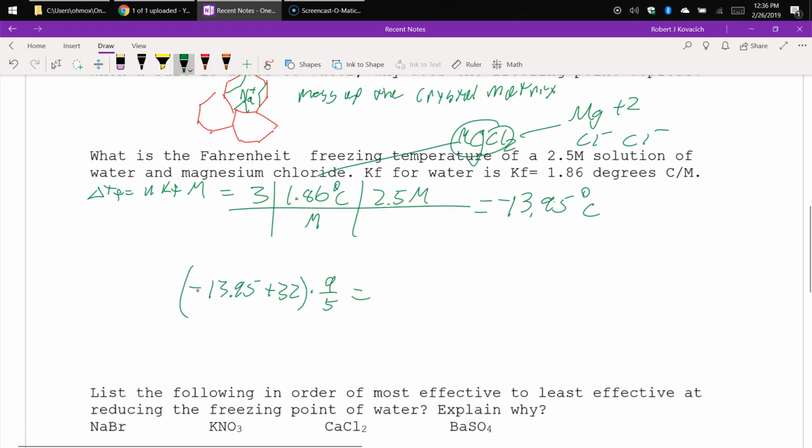All right, let's see if this makes sense. Plus 32 times 9 divided by 5. Well, that doesn't make any sense. I think I did that equation wrong. Just a sec. Yeah, I got this backwards.